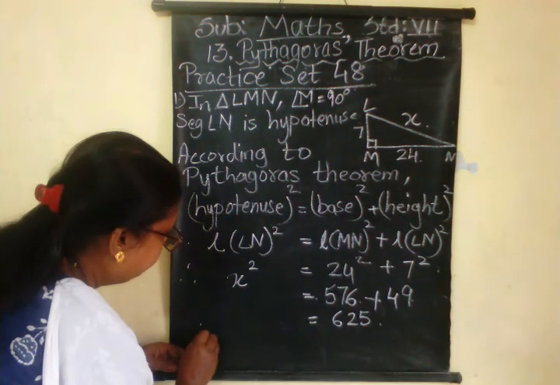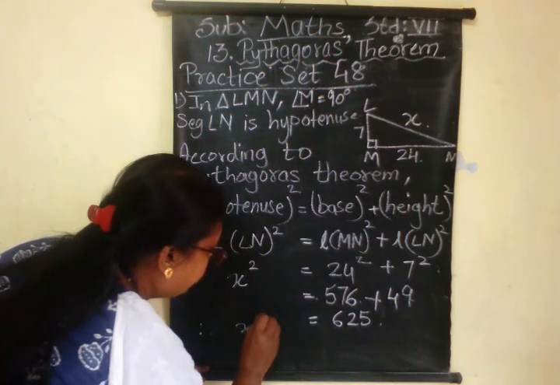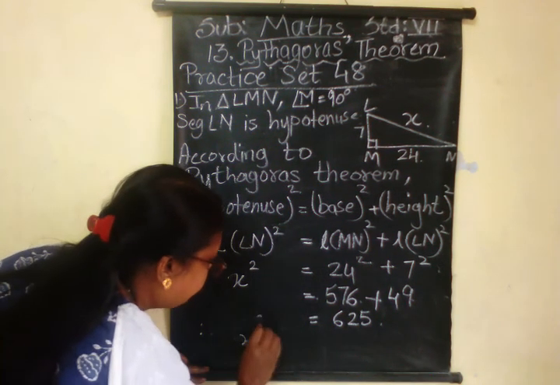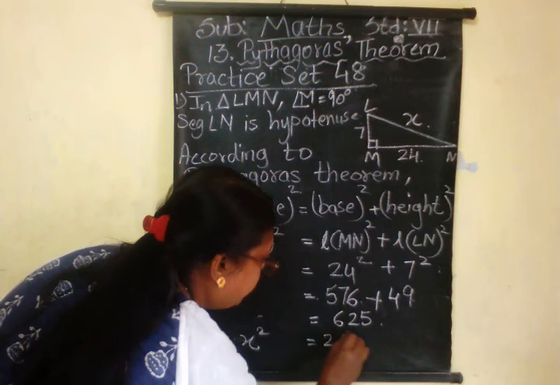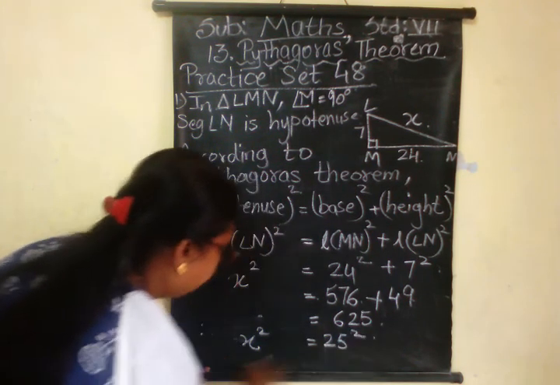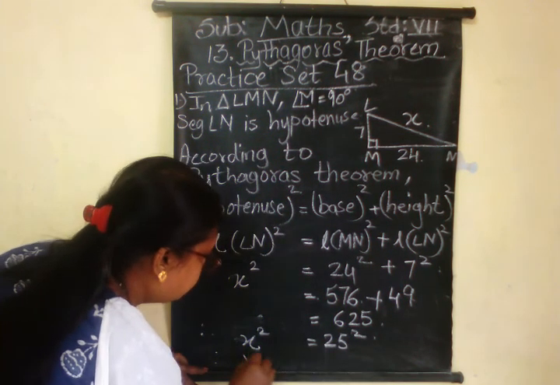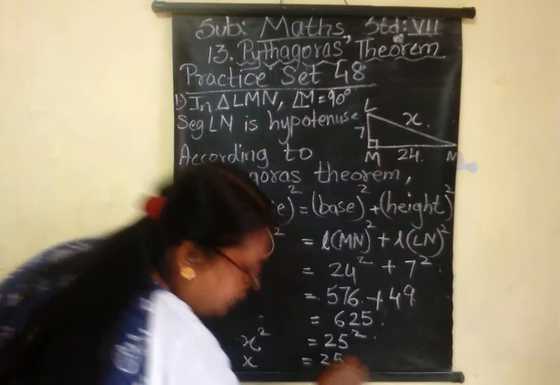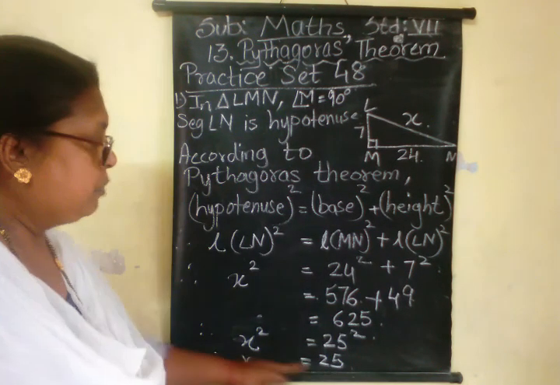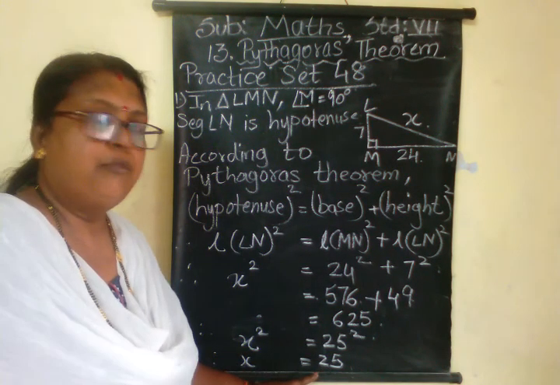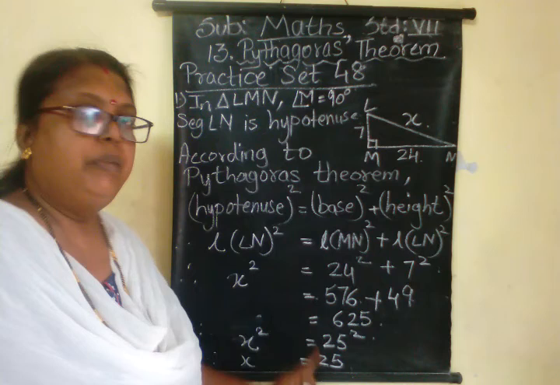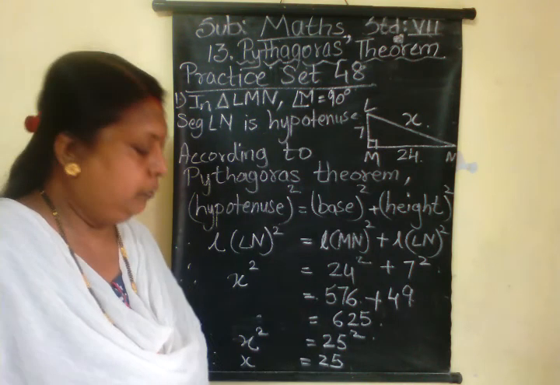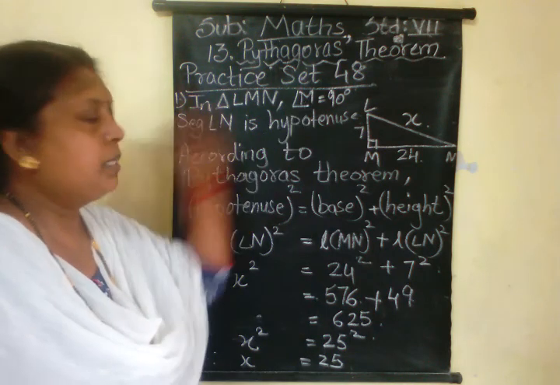So therefore, x square we can write as 25 square. Therefore, x is equal to 25. So value of x comes to be 25. So this is the simple way of doing the sum. So first sum I have done for you children, 48 practice set.